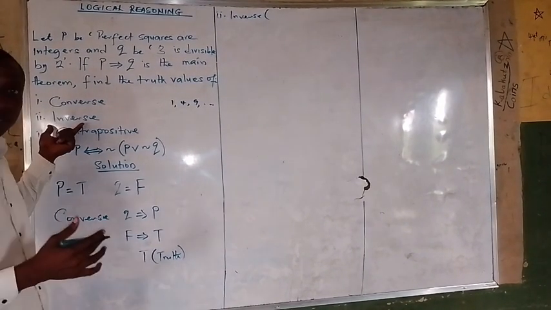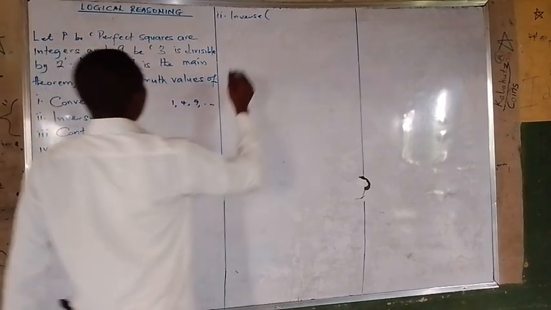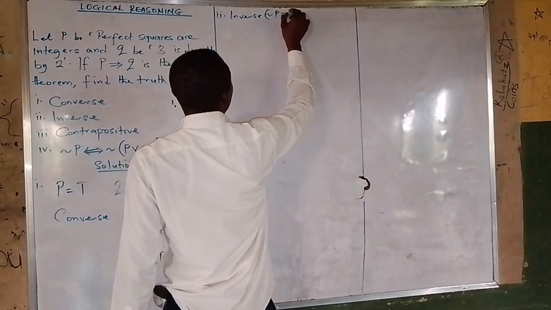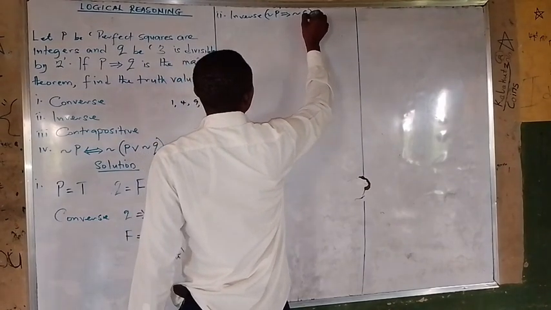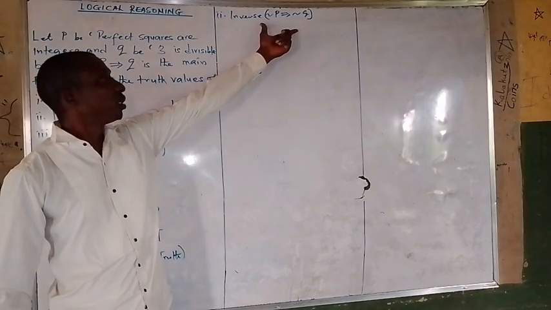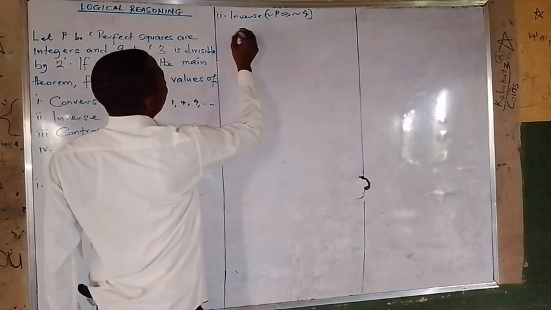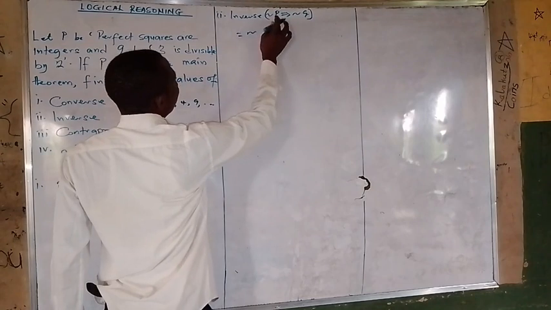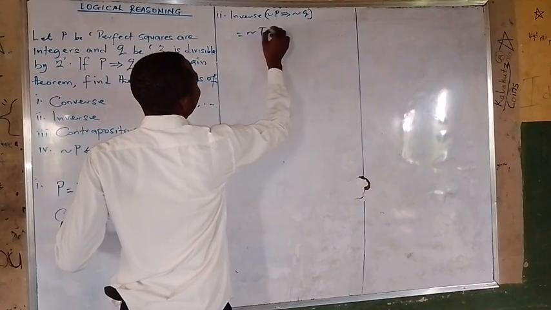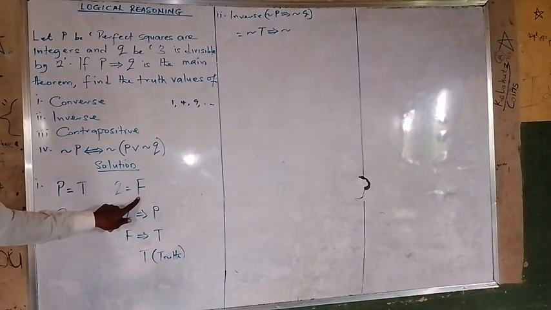We have discussed that in the previous classes: the inverse will be negation of P implies negation of Q. So what we need to do now is to substitute the values of P and Q. So this will be negation of P. What is P? P is true. Negation of true implies negation of Q. What is Q? Q is false.